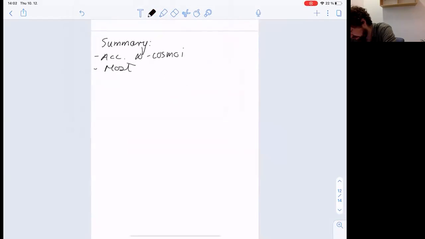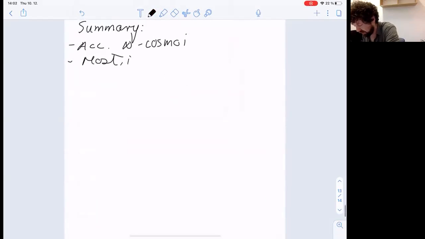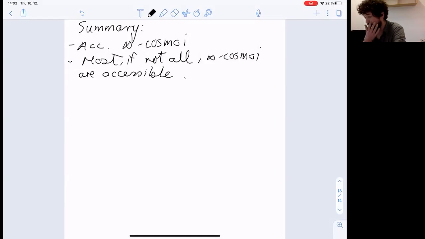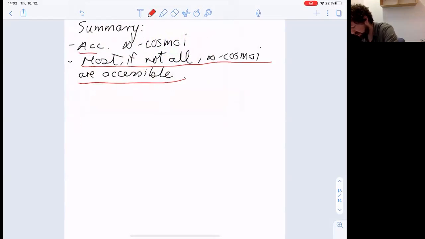Most, if not all, well, probably, I'm sure not all, but the basic examples of infinity cosmoi are accessible, and they're closed under the key constructions. So that's good.